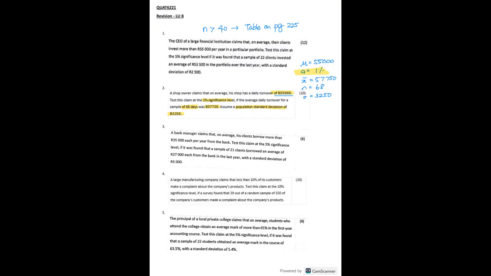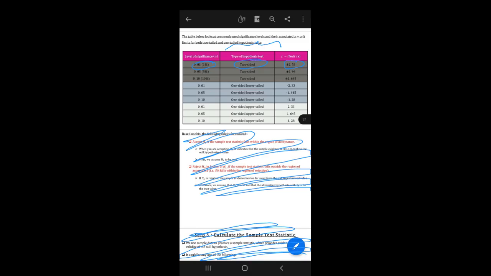You do need to know the values from this table. This table is not on your formula sheet. I have also already circled for you here the relevant values. As you can see, the significance level is in the first column. Your type of test is in the second column, and then your actual limit is in the third column.